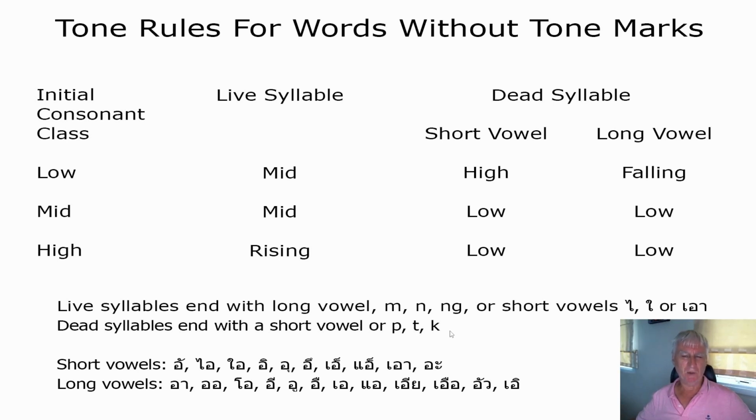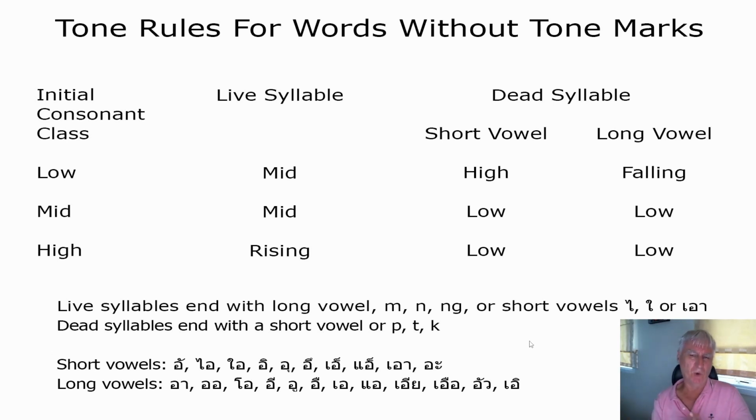I'm not an expert on linguistics, but I think they're known as glottal stops. So if you voice a syllable that ends with P, T or K, you can't continue voicing the syllable. That's how I determine whether a syllable is live or not. If I can continue voicing it, it's live. If I can't, then it's dead.